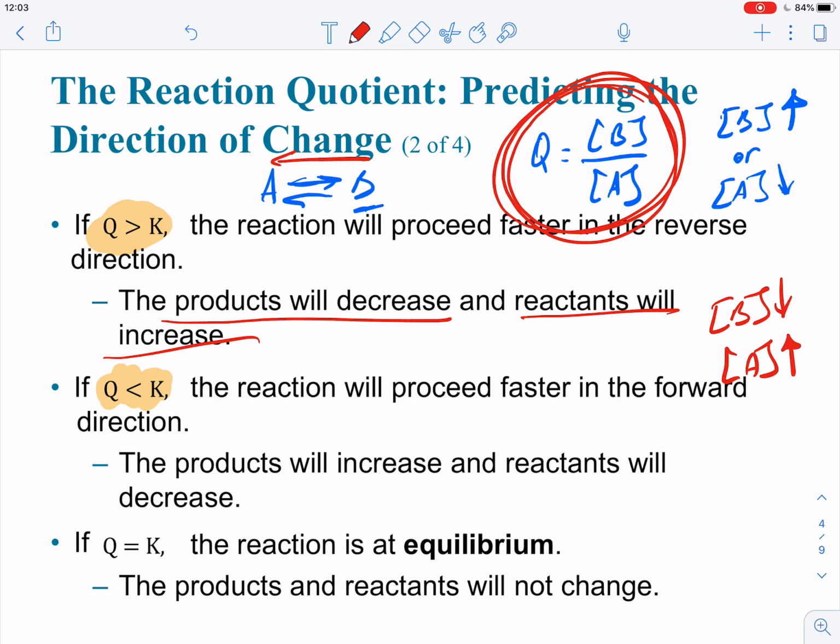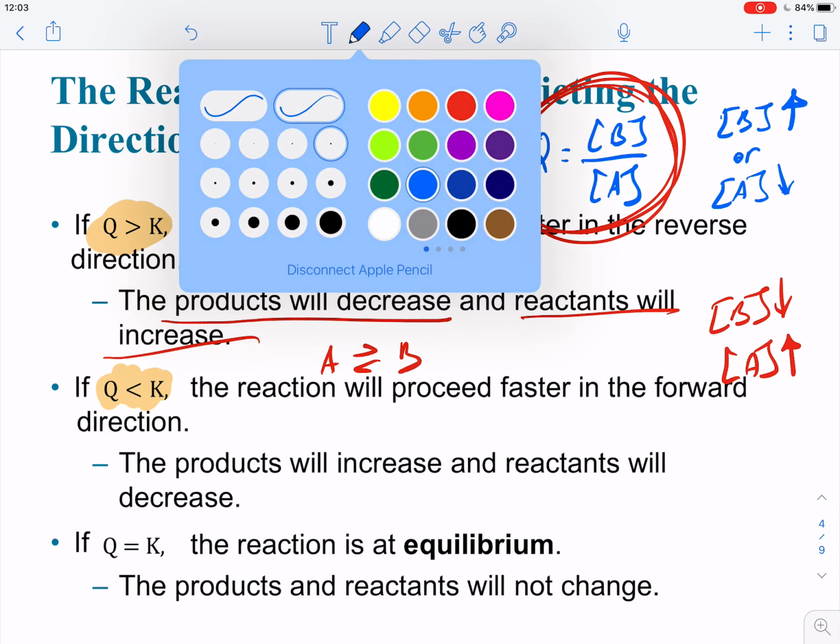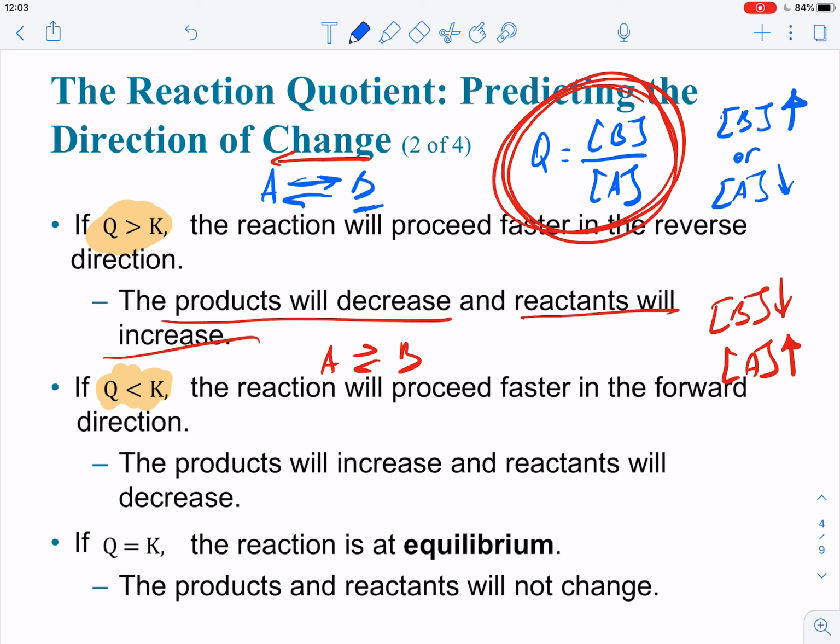Therefore, you have to decrease A and/or increase B. Since your reaction is A going to B, then if the condition is that Q is less than K, you have to favor the products and the reaction is shifting to the right. Therefore, the products will increase and the reactants will decrease.